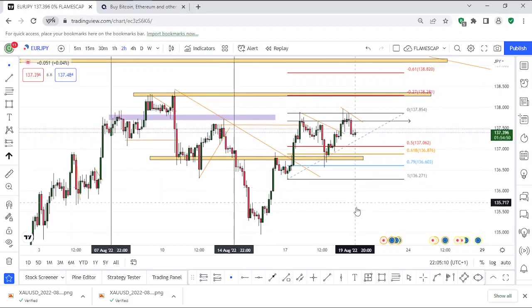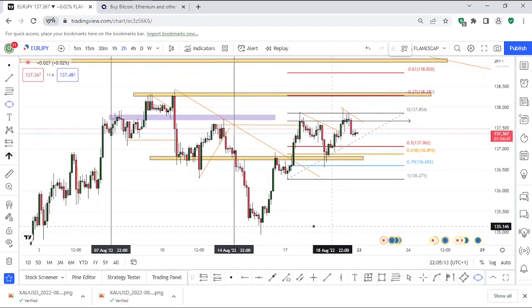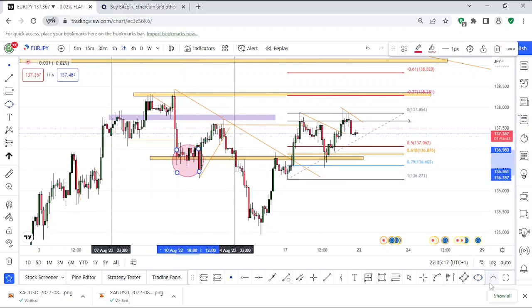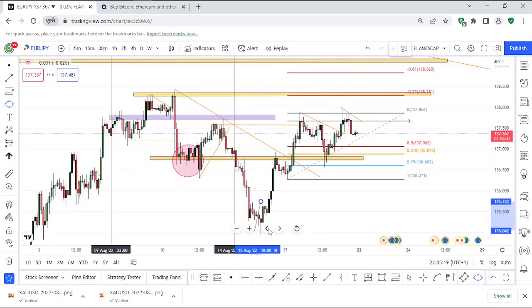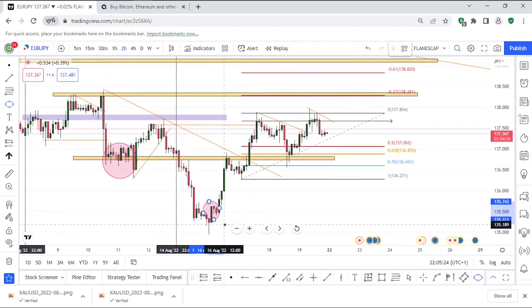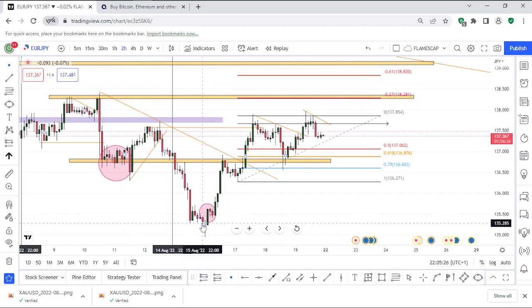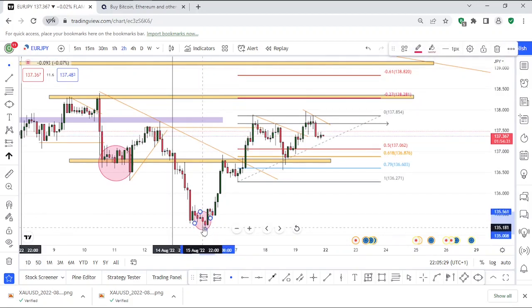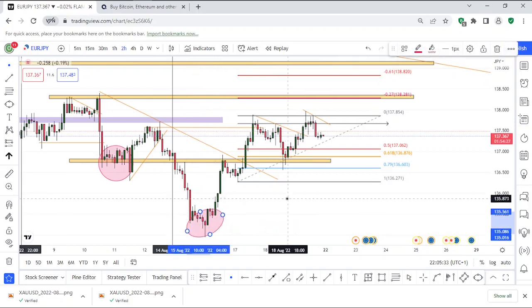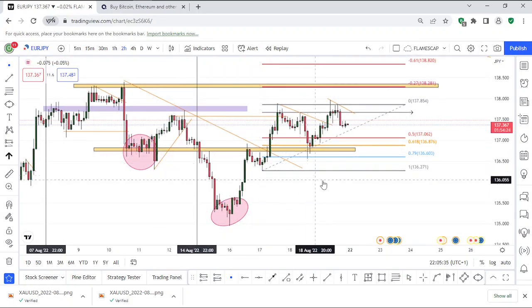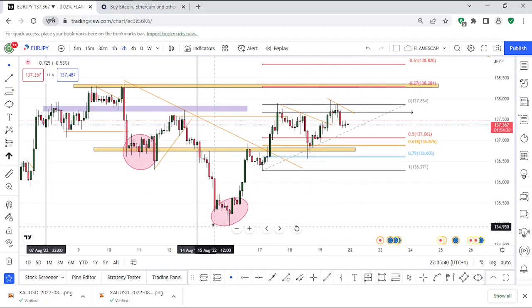And as you can see, it looks as though the market is making an inverse head and shoulder pattern, guys.